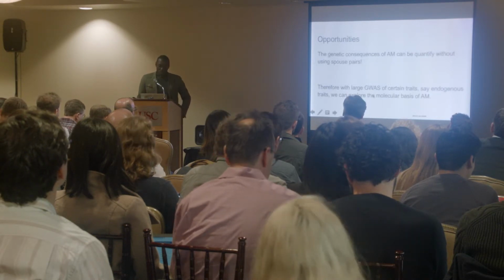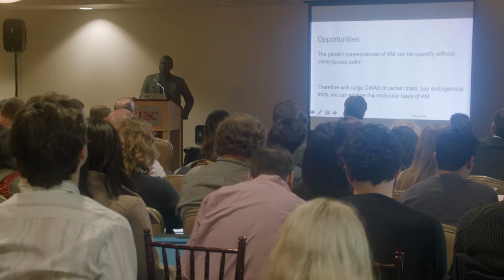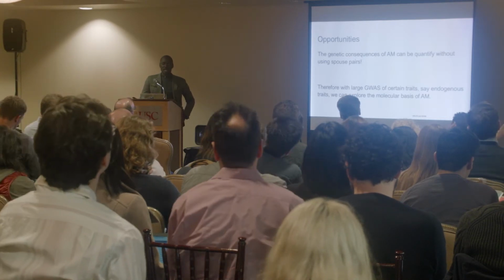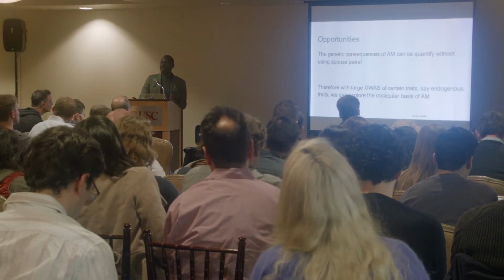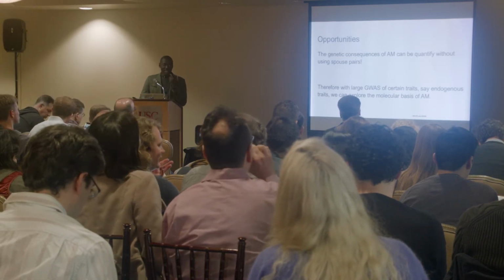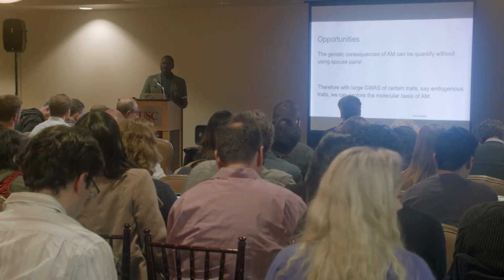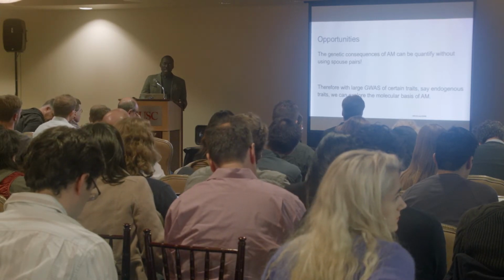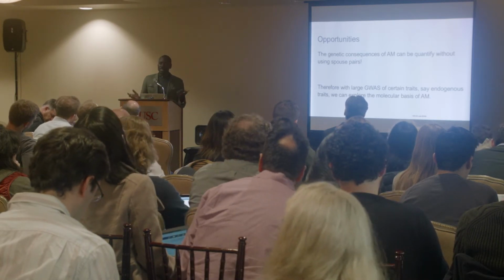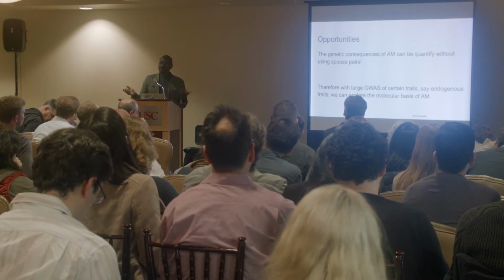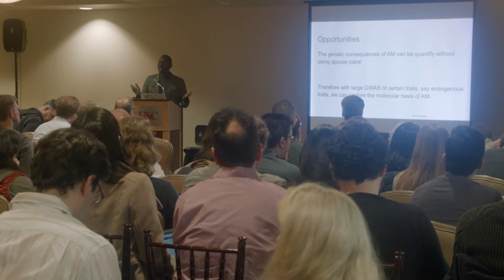And one more time, one of the opportunities of this study was to learn something about assortative mating without the need for spouse pairs. And I think that opens very interesting avenues of investigation. In particular, mate choice is a complex object. It involves height, it involves education, but it probably involves so many things.